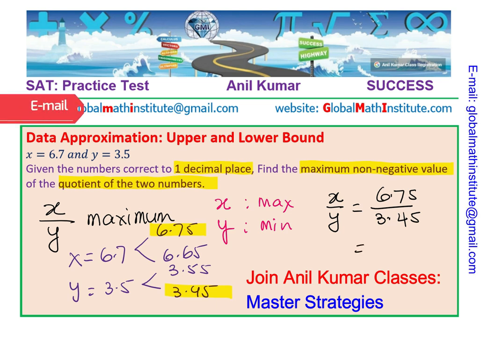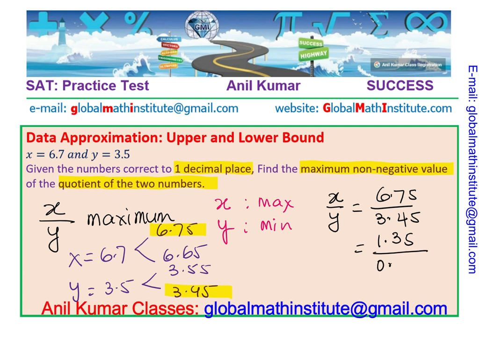Both are decimals, so let me write it without decimals first: 675 over 345. Dividing by 5, we get 135 over 69, which we can further divide by 3, correct?